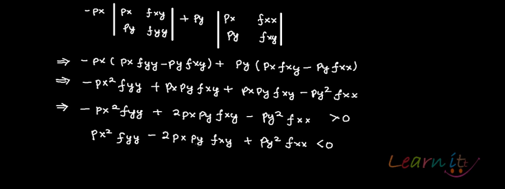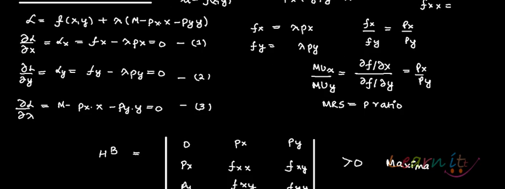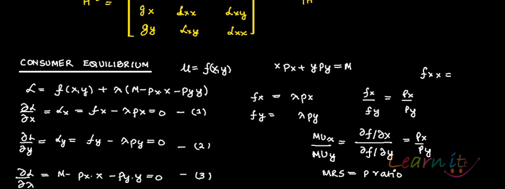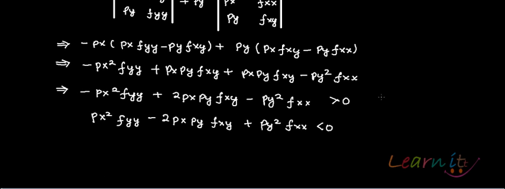Okay, so in case you just multiply this by minus 1, and you go back to the first order conditions, you have fx by fy equals px by py. This is what you have. So you can substitute px as py into fx by fy.